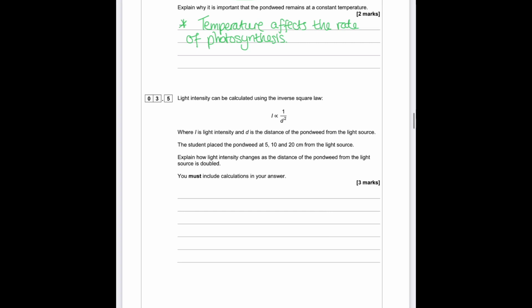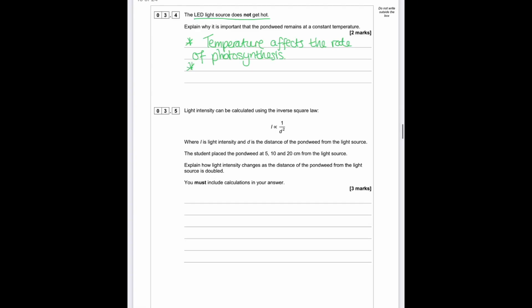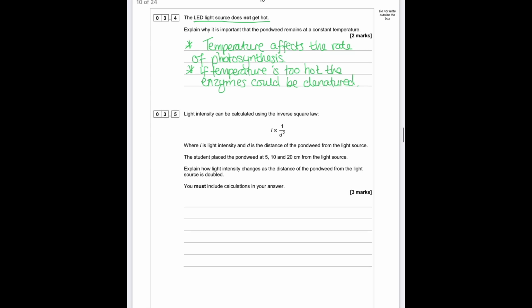Also, if the pondweed gets too hot, the enzymes that are in the pondweed would be denatured. And if the enzymes become denatured, they'll stop working.